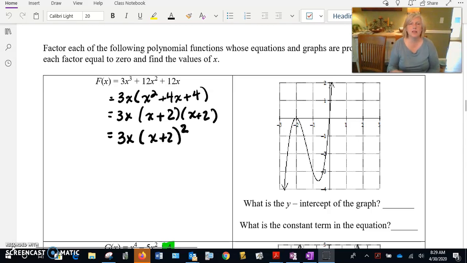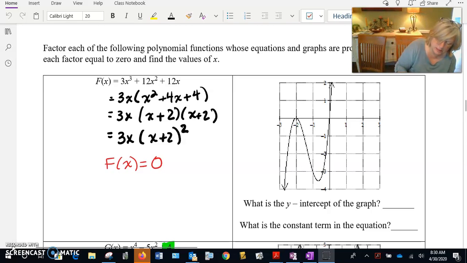And so there's a lot of things that we're going to take a look at as we go through this. Now, once we factored it, it says set each factor equal to 0 and find the values of x. So we're basically taking our polynomial, and when we set each factor equal to 0, we're setting the entire polynomial equal to 0.